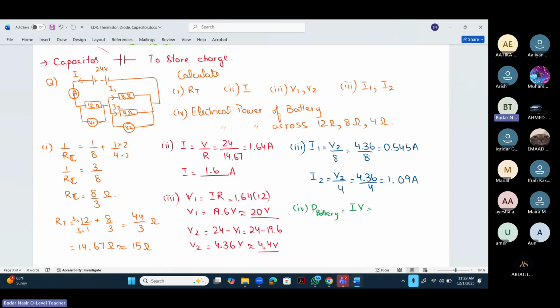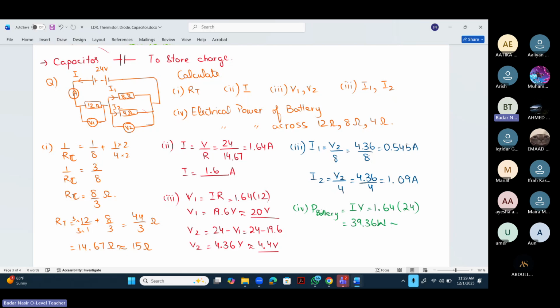So what is the total current supplied by the battery? That is 1.64 amperes. And what is the total voltage supplied by the battery? That is 24. So 24 times 1.64, we get 39.36 watts.